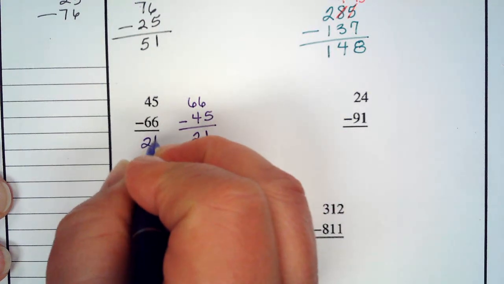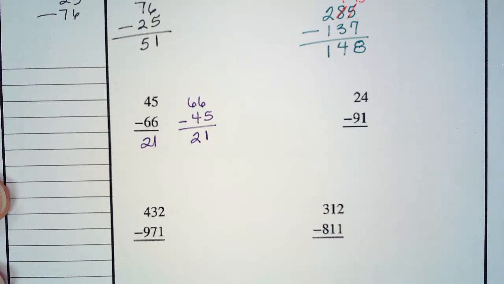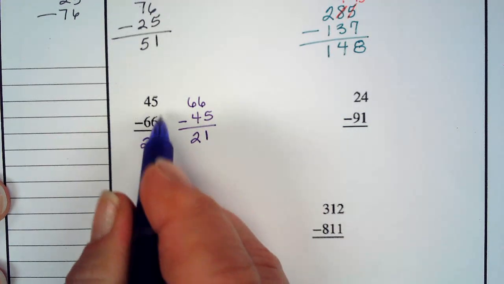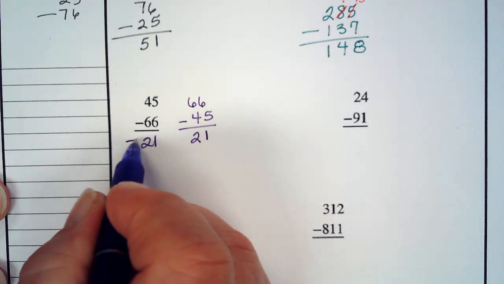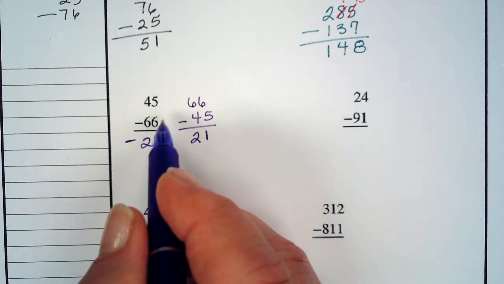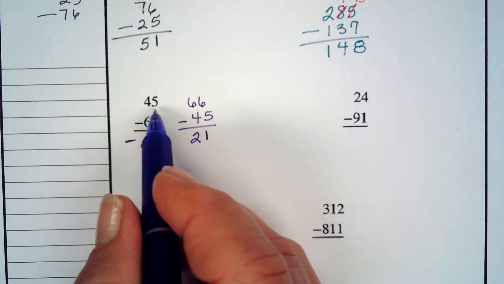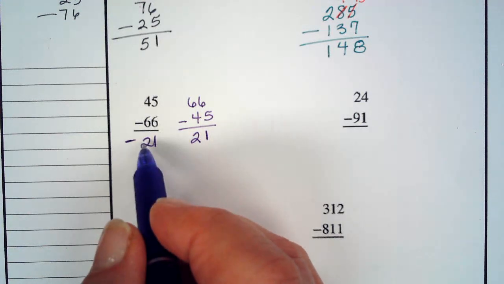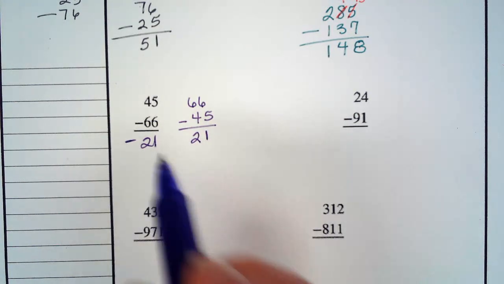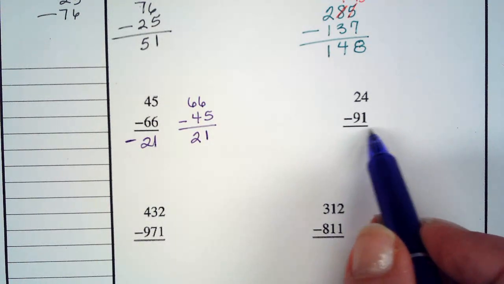So the answer is 21. Is it negative or positive? 66 is bigger than 45. It is negative. 76 is más grande que 45, so it's negative. Pause the video and do the next one on your own.